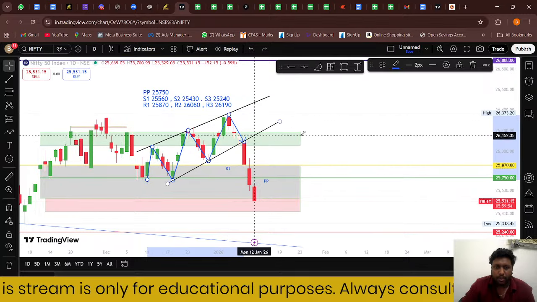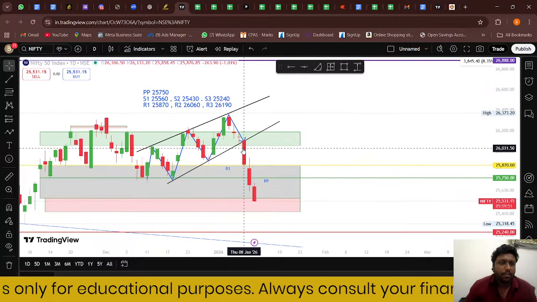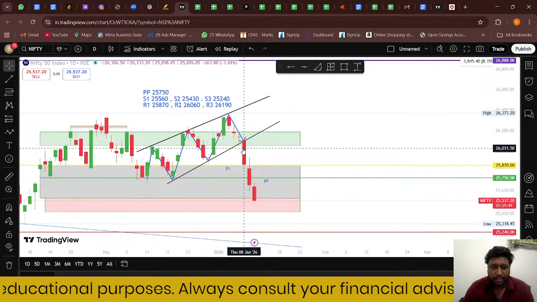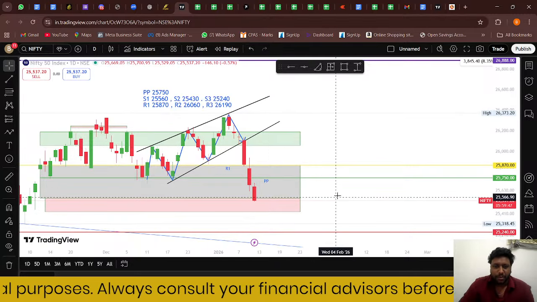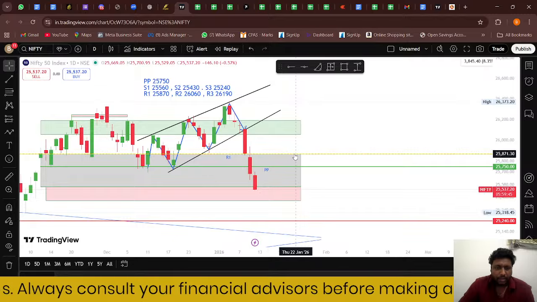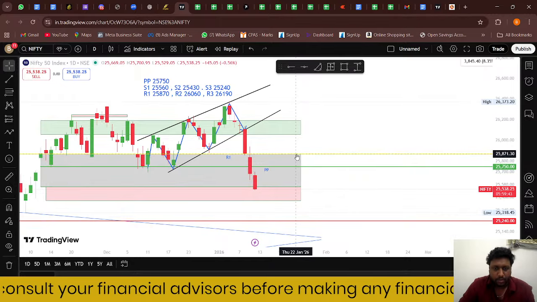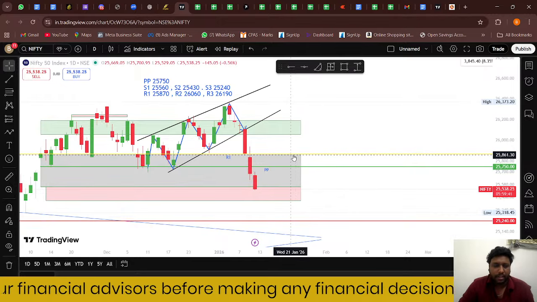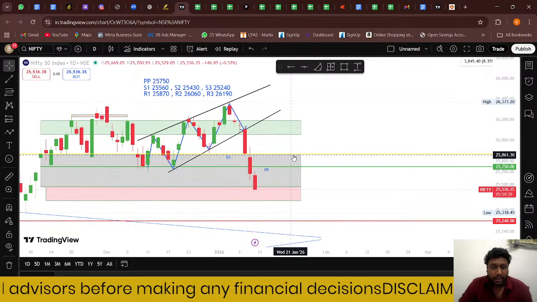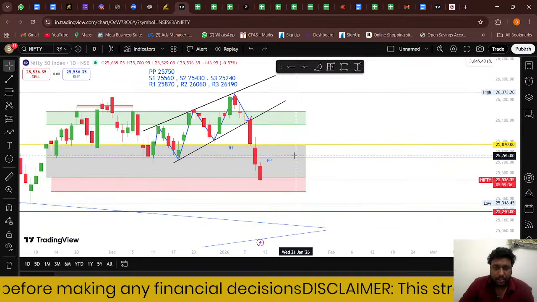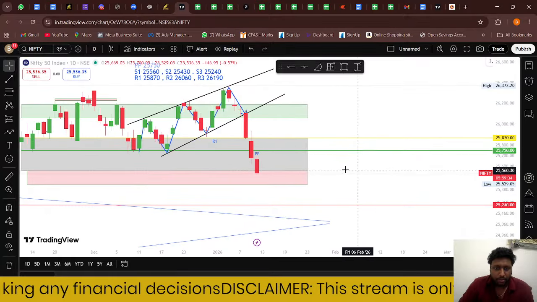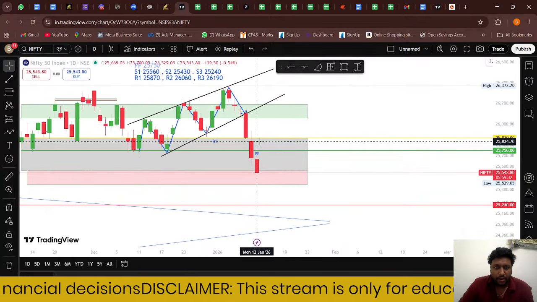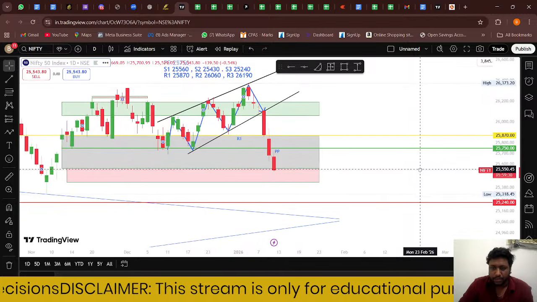It's also properly broken, and the day it broke with higher volume on the bear side, so it is continuously falling. And here is where we had an OI-based level, a major support at 25,850 levels. That major OI-based support has also been broken and came down, and it's still going down.